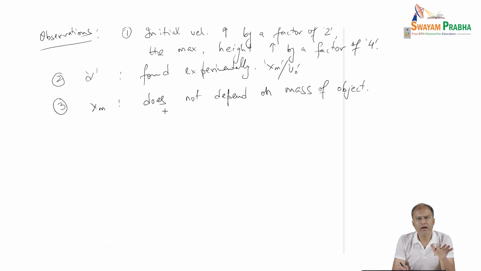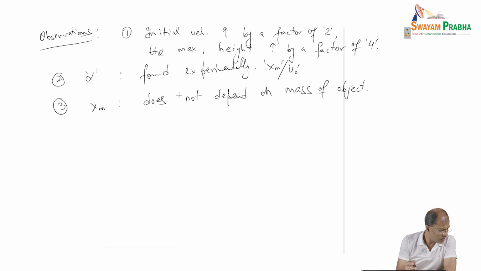In fact, this non-dependence of mass was one of the primary points of discussion during the time of Galileo, who did a lot of experiments to indeed show that regardless of the mass, a lighter object falling from a certain height will also take the same time as the heavier object, provided there is only acceleration due to gravity as the experienced force. There is no resistance or any other force.